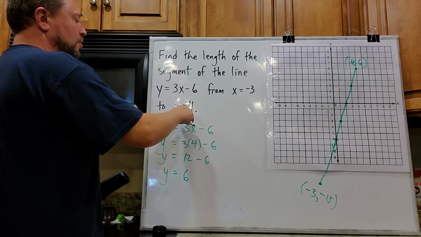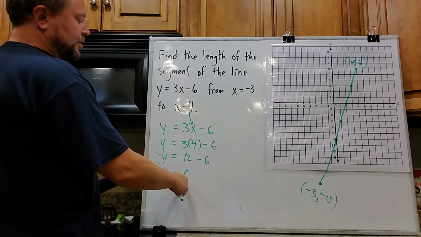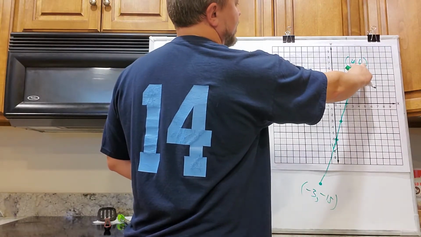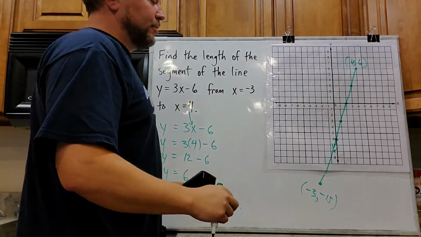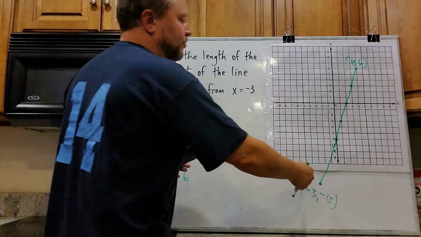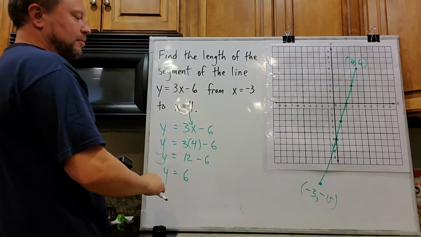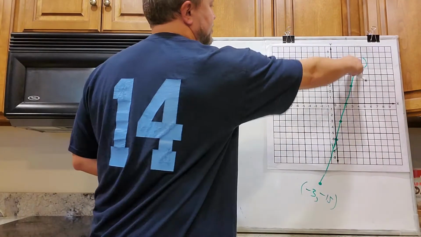So 4 was the x value, y was the 6. So 4, 6 is my coordinates, just like I had labeled up there. Okay, so that would be the first thing on a problem like this you would do to figure out these endpoints, is plug these x values into here and get these coordinates.